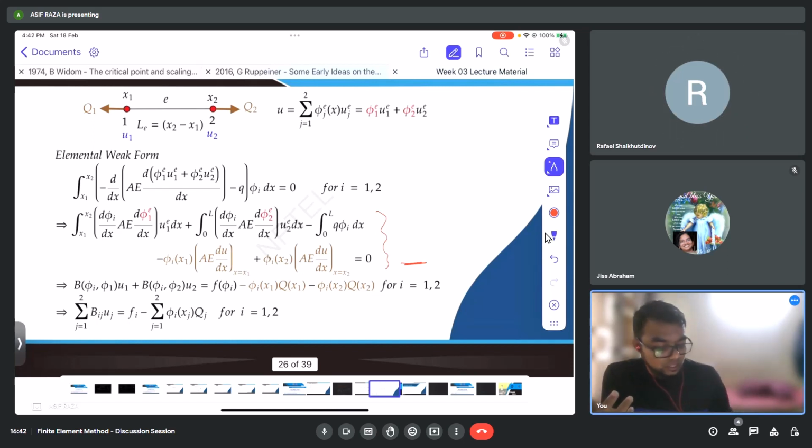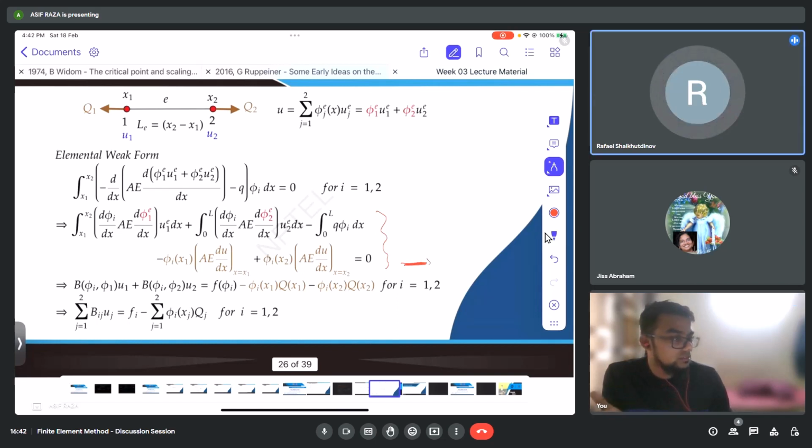Like, if you are okay with this first. I don't know why we just took du dx here. From my perspective, we need to work further with the F1 element and F2 element. I don't know why the professor collected this into du dx. This is my small point.